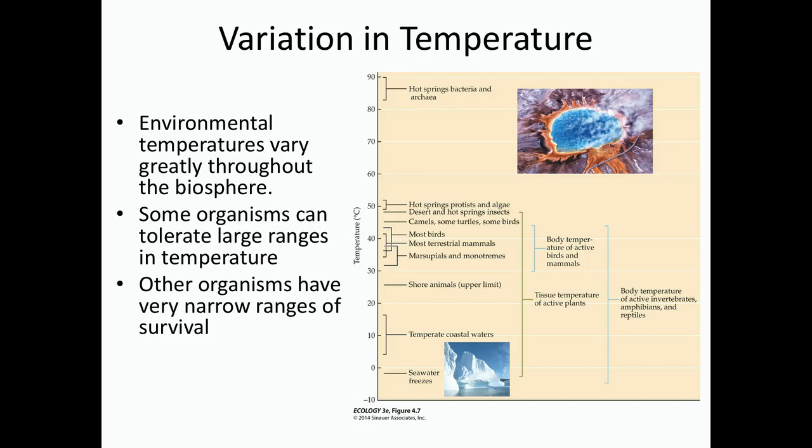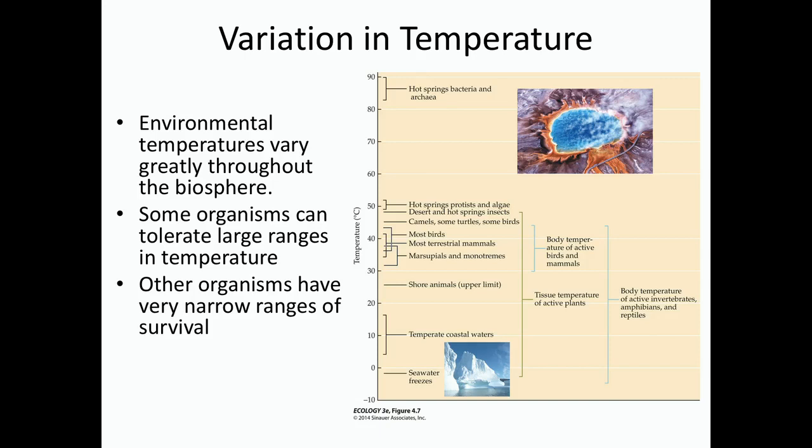So the question we want to answer is how do they do this? Why are temperature swings dangerous for some organisms? There's some organisms that, when they're outside of a very small limit of temperatures, can't survive. Whereas how is it that other organisms are able to survive very large swings in temperatures?